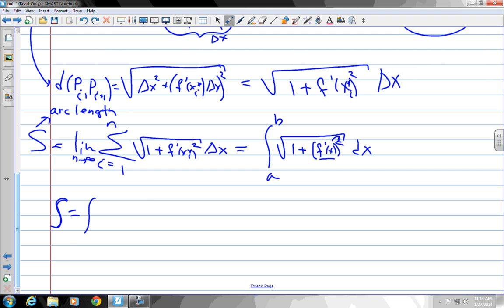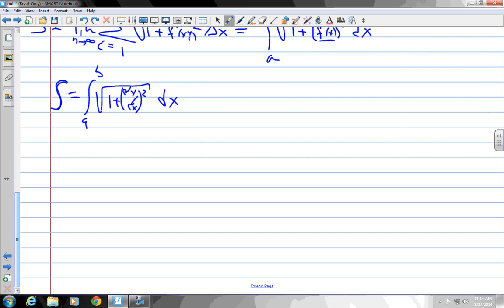So whatever notation you prefer, you can say it's the square root of 1 plus dy dx squared dx like that. Or you can say it's from c to d, 1 plus dx dy squared dy, depending on how you look at the function.